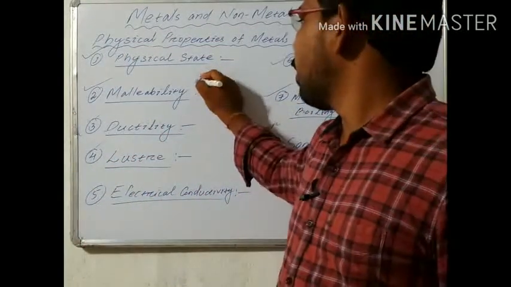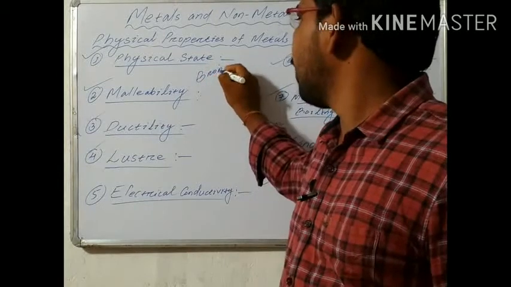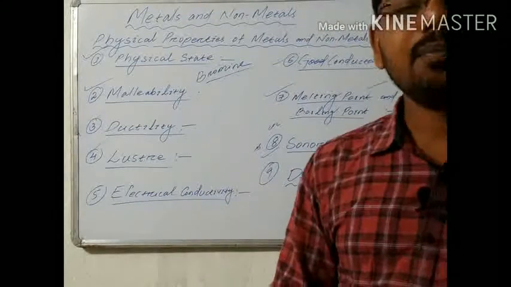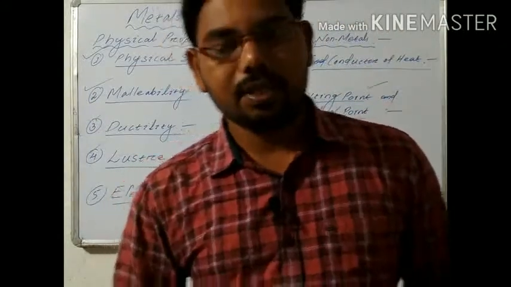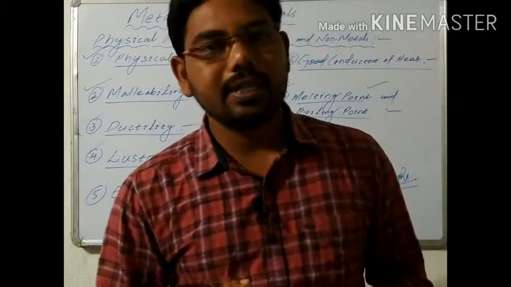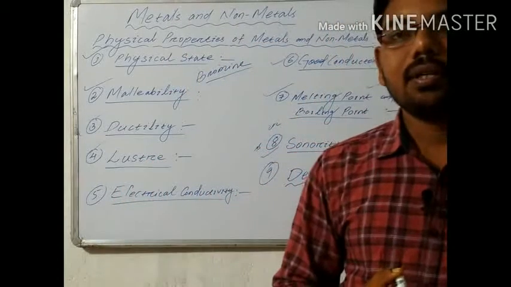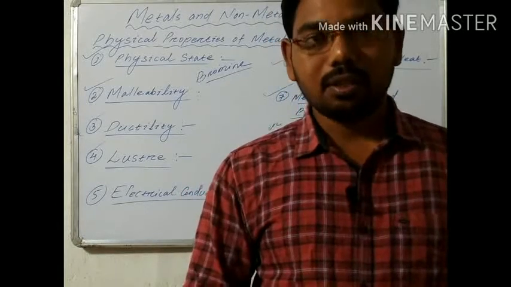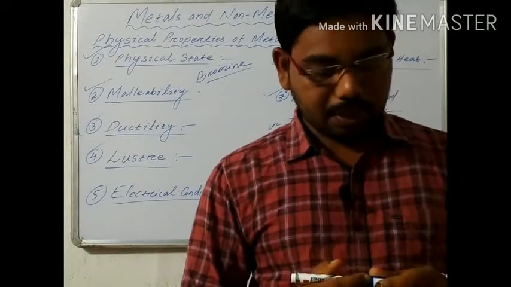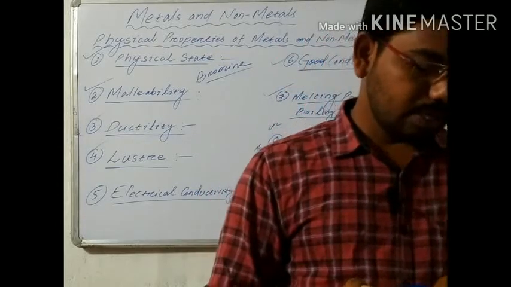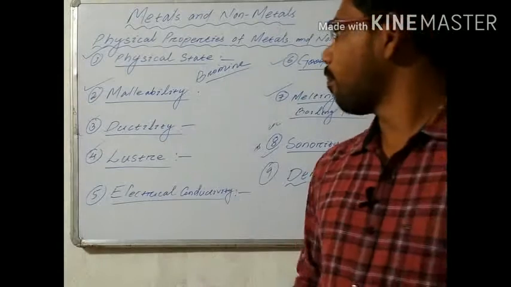Bromine is the only non-metal found in the liquid state, and most of the non-metals are found in the gaseous state. All gases are non-metals, like hydrogen, helium, and nitrogen.